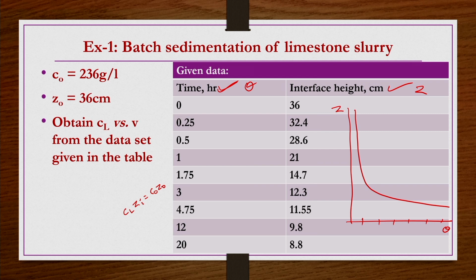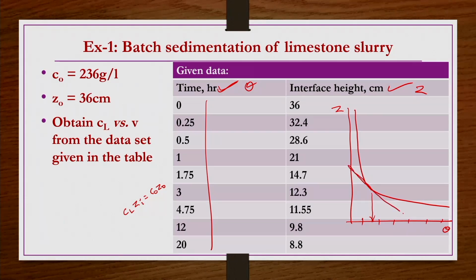You can take around 8 to 10 intervals of time, not necessarily the same. From the graph, let us say at 2 hours or 3 hours, at this point of sedimentation time, the x axis is nothing but sedimentation time. If you want to know the concentration of that layer at this point, you draw a tangent like this.